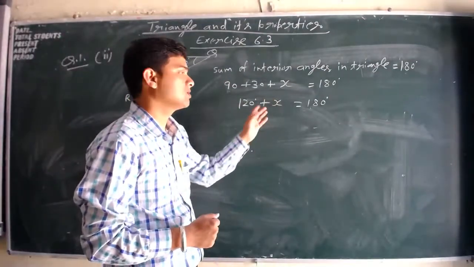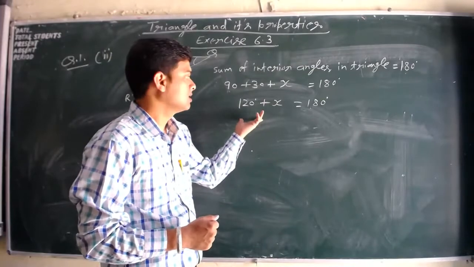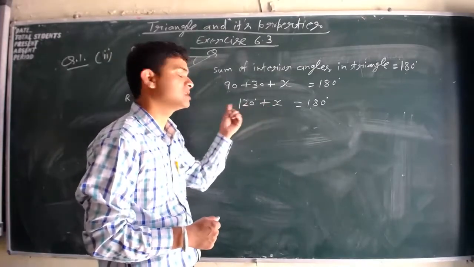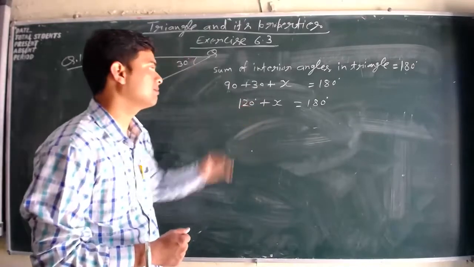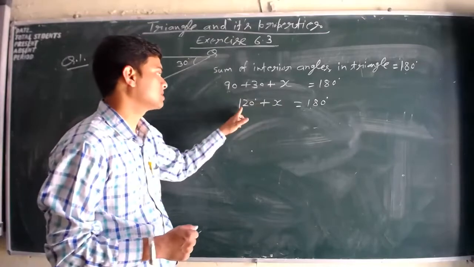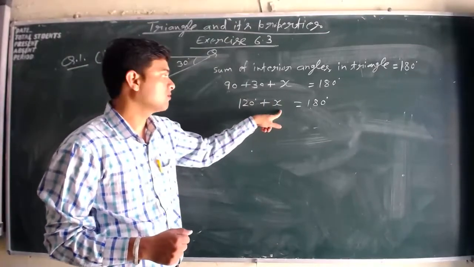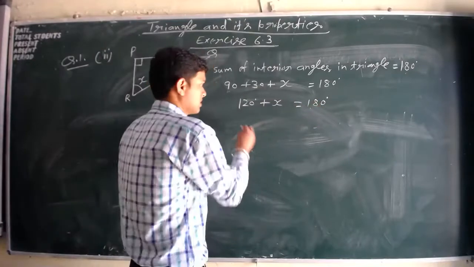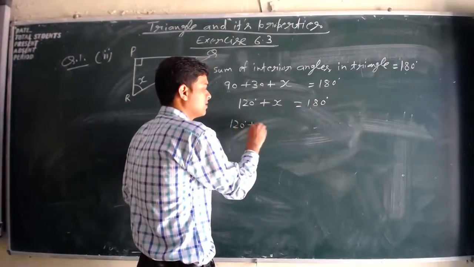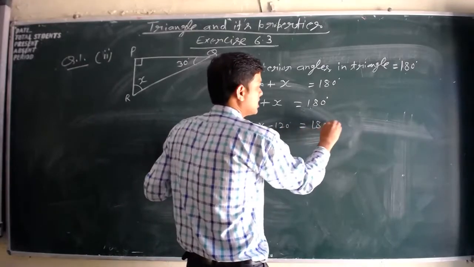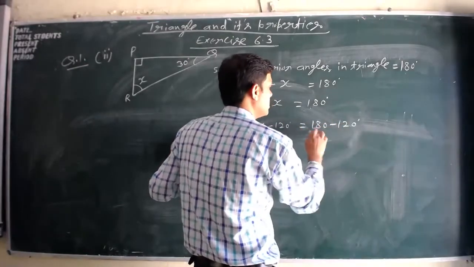We can solve this equation by adding or subtracting something. We have to eliminate whatever is with x. Since 120 is added with x, we have to subtract something. So we have to subtract the same amount from both sides, only then equality remains. So 120 plus x minus 120 is equal to 180 minus 120.